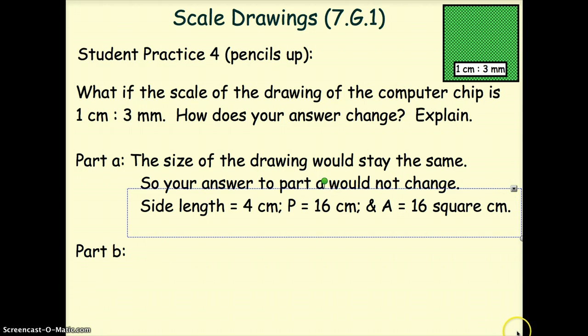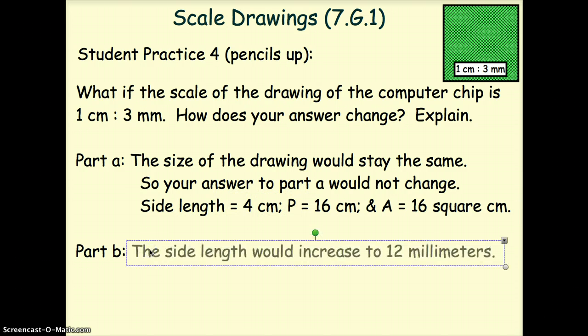Part B is where you have the change, because what I need to do first is I need to change my side length. So I need to set up my proportion. 1 centimeter over 3 millimeters equals 4 centimeters over x millimeters. I cross multiply, and I find that 4 times 3 is 12 millimeters.